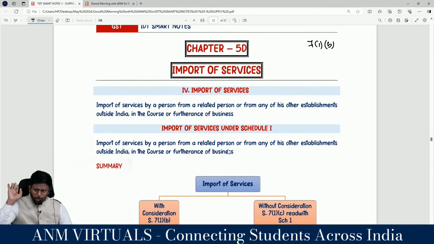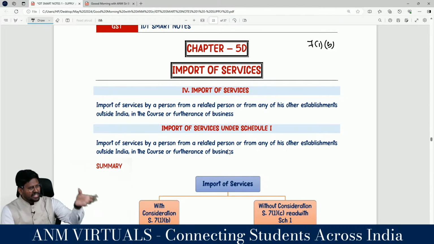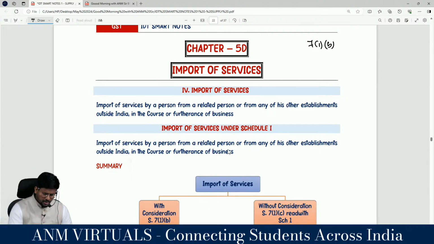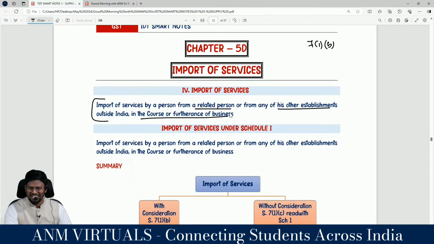But if you are importing services from a place எங்கிருந்து, outside India, from a related person or from an establishment situated outside India, it is a deemed supply, but it should be in the course of furtherance of business. Sir, import of services by a person from a related person, we already know the definition of related person, or from any of his other establishments outside India in the course of furtherance of business.